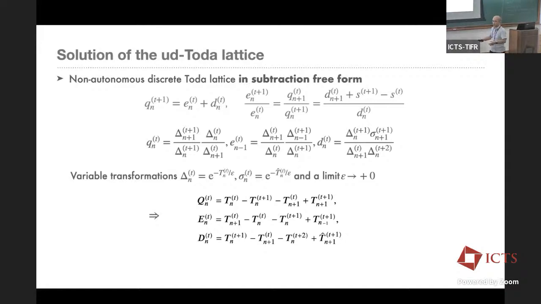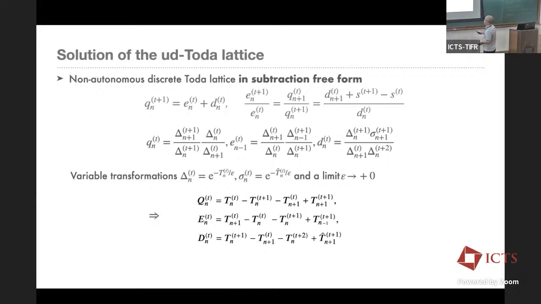This is a Hankel determinant composed from the moments of orthogonal polynomial, the linear functional related to the orthogonal polynomial. Sigma is also slightly shifted, but I don't want to go into detail. But we know how Q, E and D can be expressed in terms of moments.